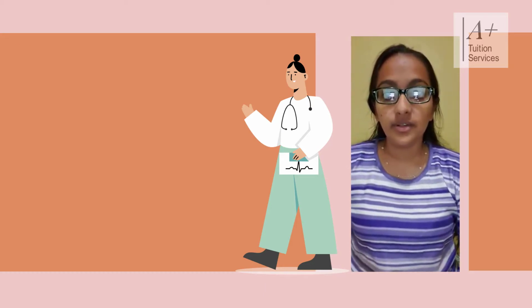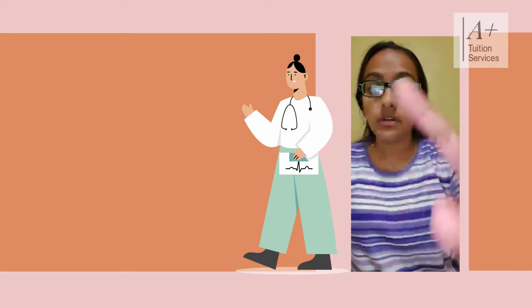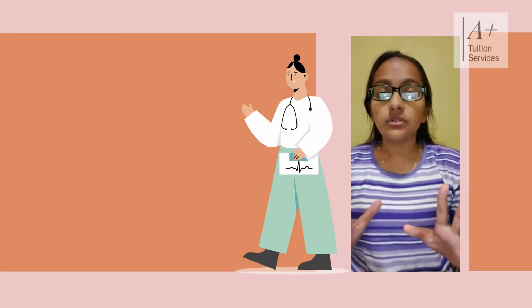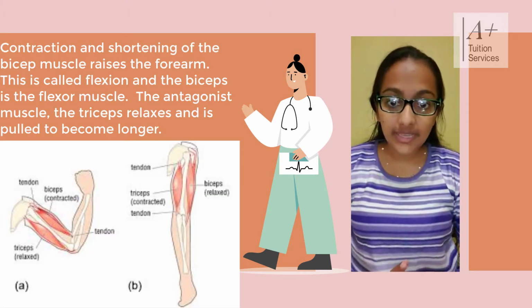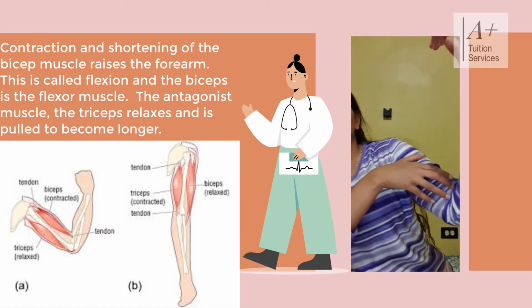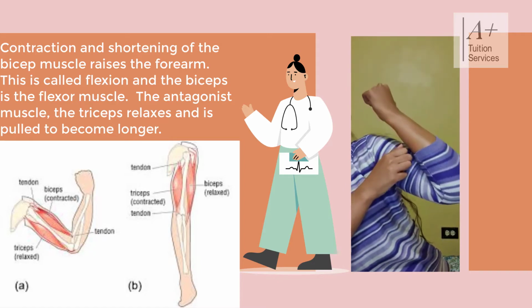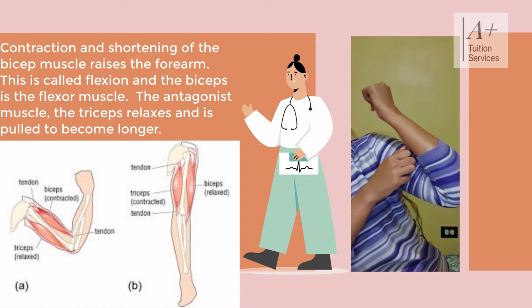So moving on, contraction and shortening of your bicep muscle. When the bicep contracts and shortens, this draws the forearm in, causing flexion.